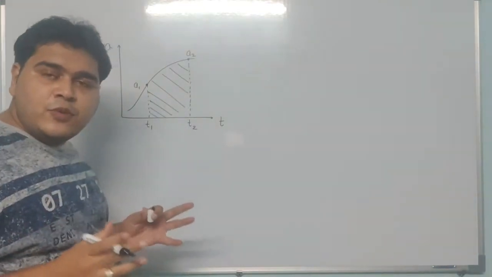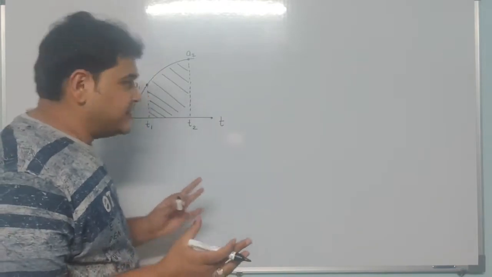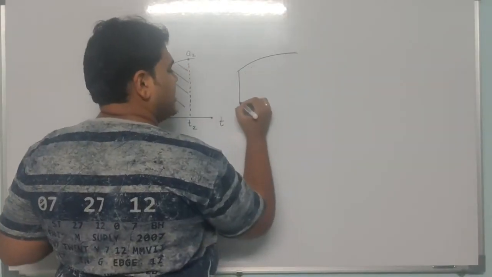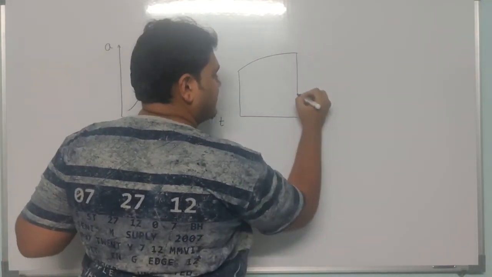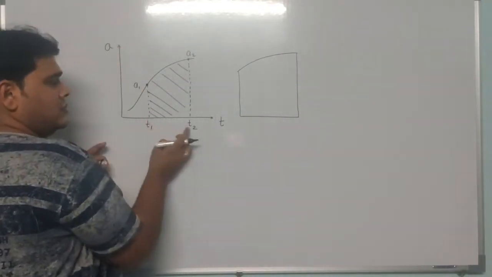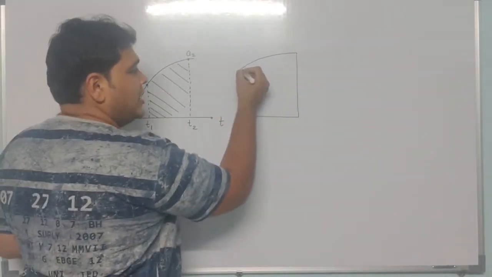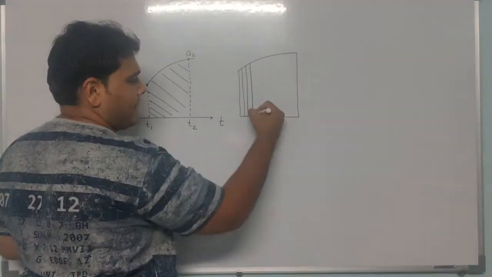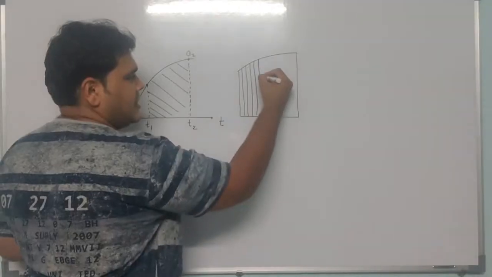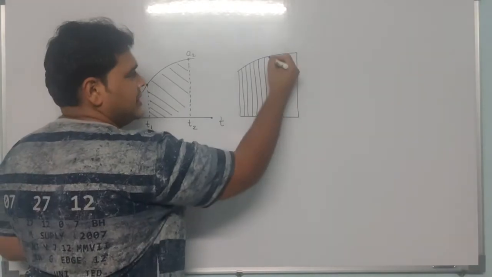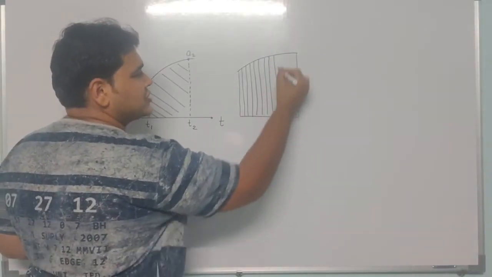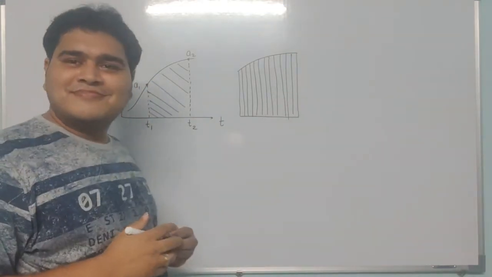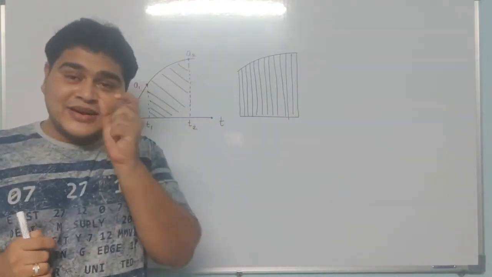Now if you want to actually find the area under the curve, I can break this entire area, from T1 to T2 and A1 to A2, into small tiny parts. Correct? Each part is so small that it appears almost as a rectangle.